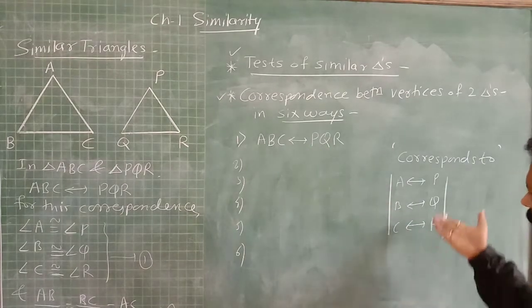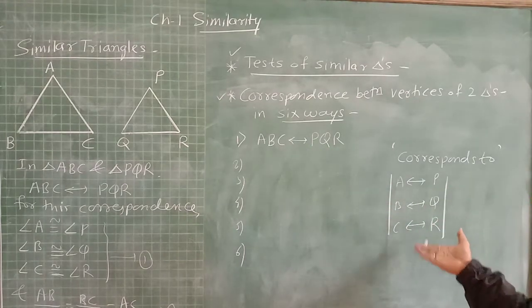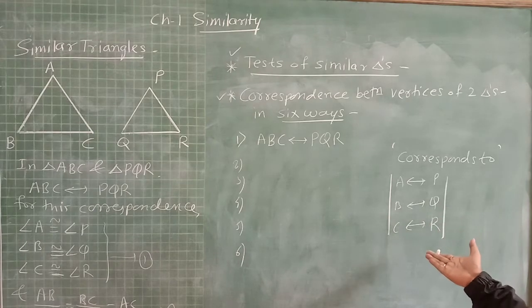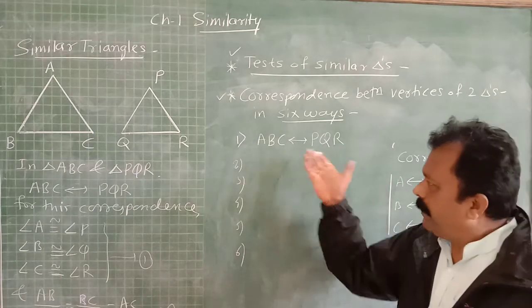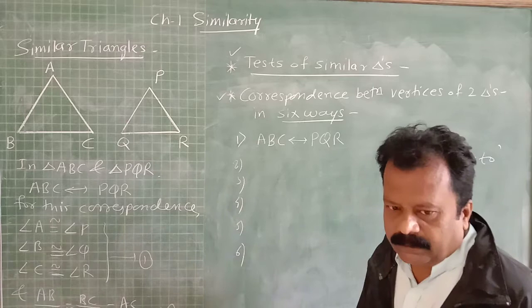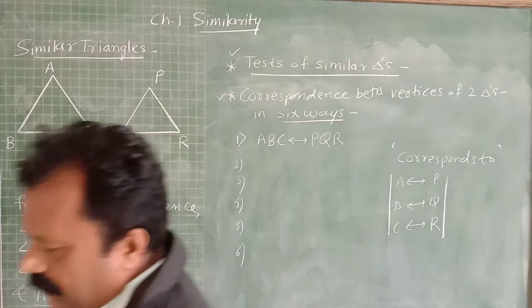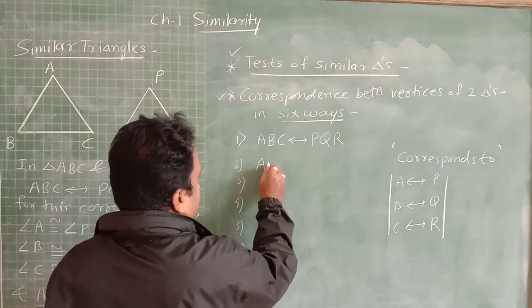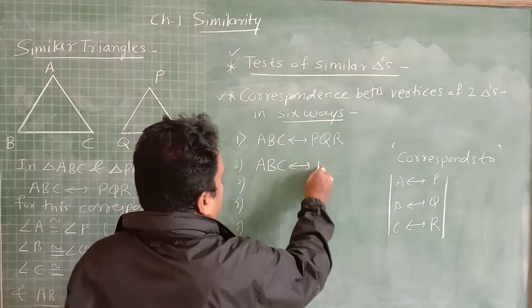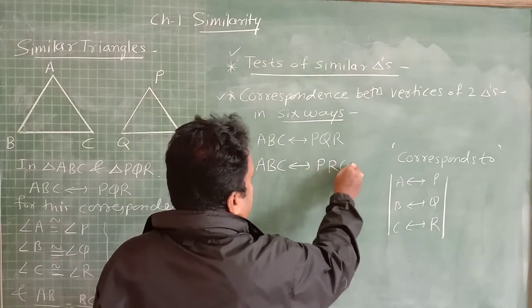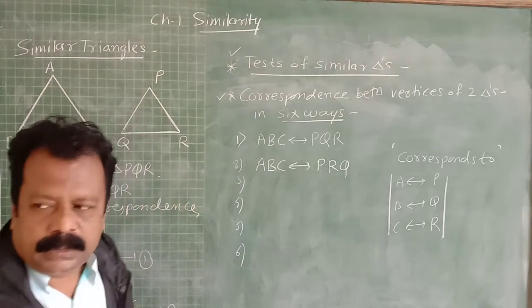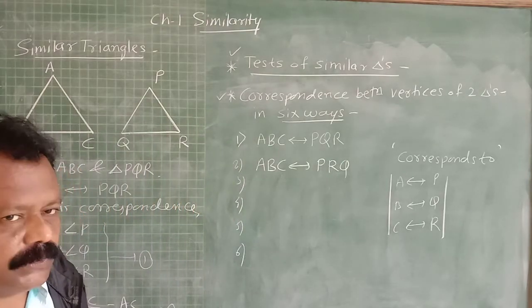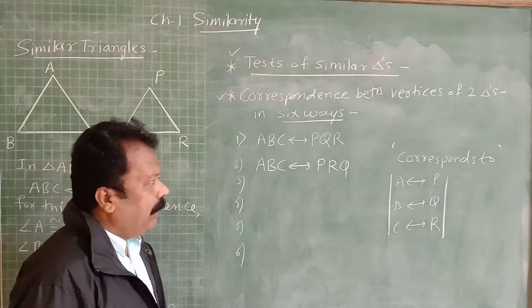Now ABC corresponds to PQR. This is the first correspondence. Now second: ABC corresponds to PRQ. How have I written it?